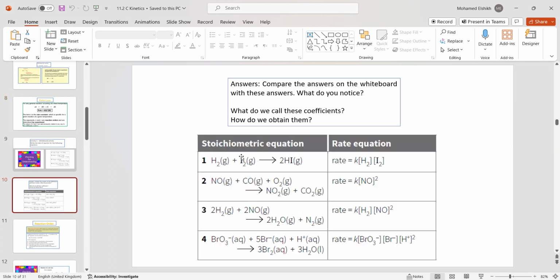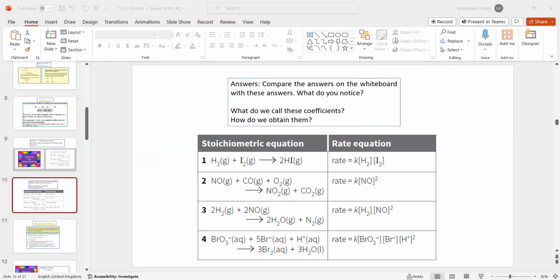Okay, so if we were to write the rate equation of this reaction, K is multiplied by the concentration of this and this. And for this reaction, the K here is multiplied by the concentration of this and this. Now, I want you to pay attention here.